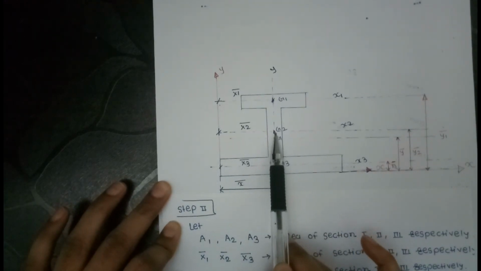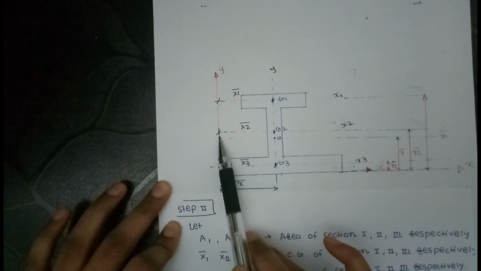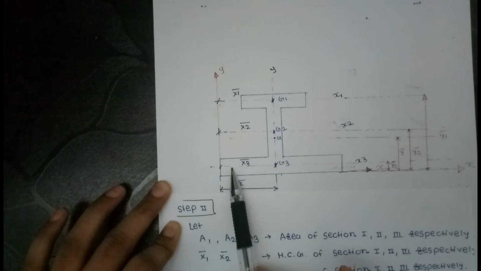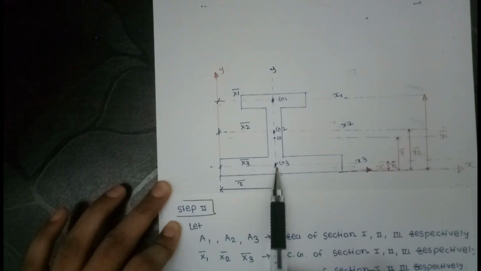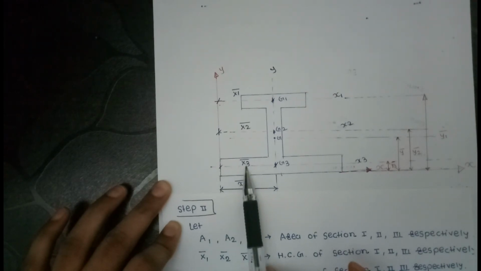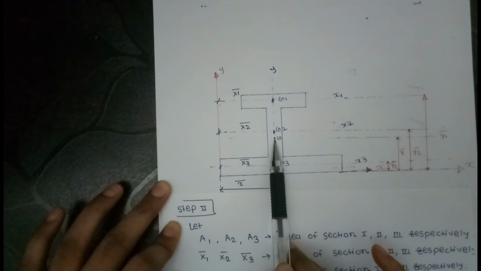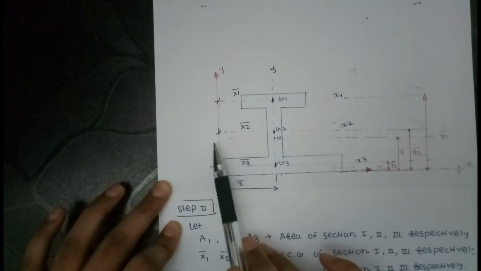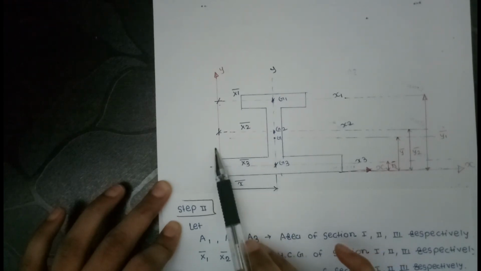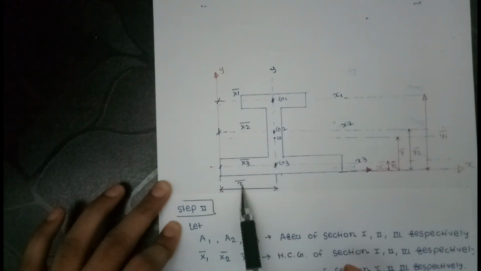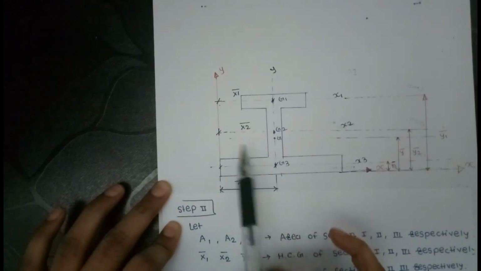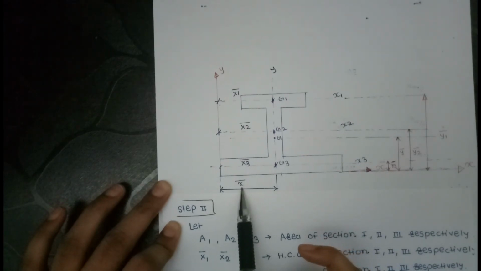The distance between point G2 and the base of the y-axis is X2 bar, and the distance between point G3 and the base of the y-axis is X3 bar. The distance between point G and the base of the y-axis is X bar. This is x1 bar, x2 bar, x3 bar and x bar.